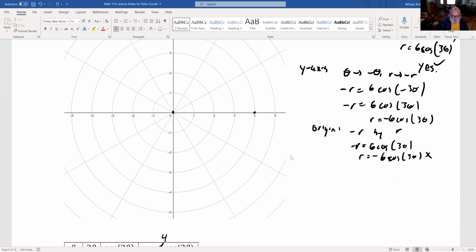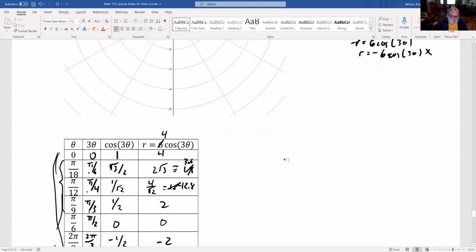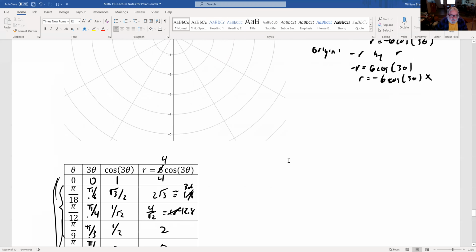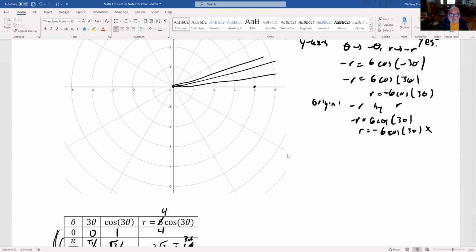And they split this into 3 bits. This is pi over 6, 30 degrees. And our graph is 3.6, 2.8, and 2. So 3.6 is about here, 2.8 is about here, and then 2 is there. So for these angles, our graph looks like that.